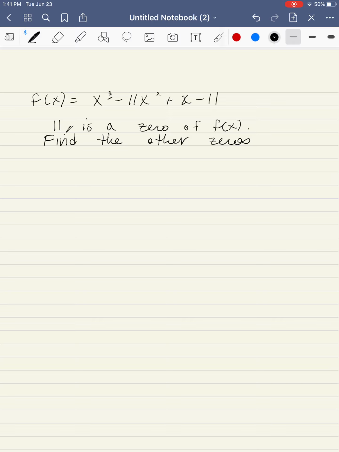Find the other two zeros. And I know that there's going to be two more, because I have x cubed, I have 1, so I need 2 more. And then we're also going to completely factor. And we're going to see that we have to do our finding our zeros and our factoring in opposite order as we did the previous one.